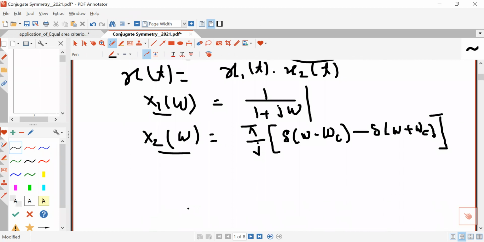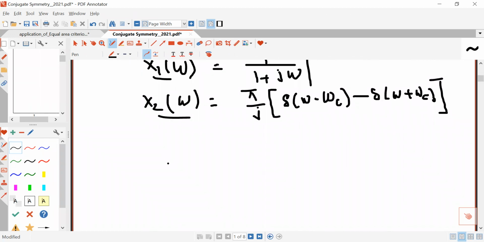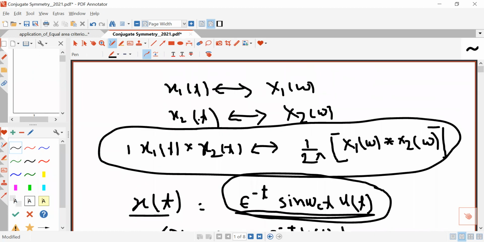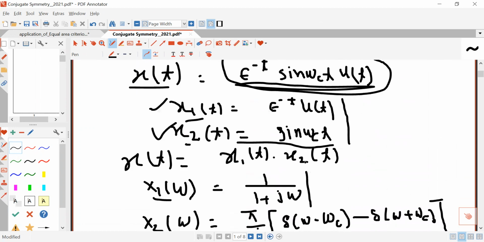Now, according to the multiplication property, if the Fourier transform of x1(t) is X1(omega) and of x2(t) is X2(omega), then the Fourier transform of their product will be this.